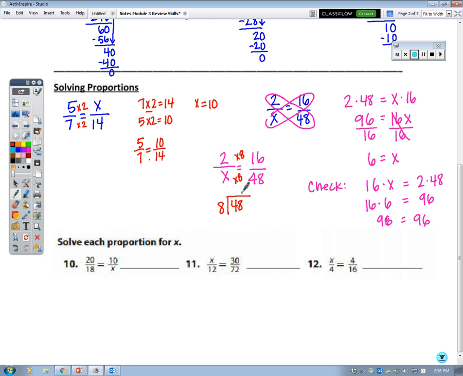Well, 6 times 8 is 48. I'm just double checking that. So I know that x equals 6. That method is a little bit faster, and it works with some simpler proportions. It's important to know the second method because that does come in handy down the line.